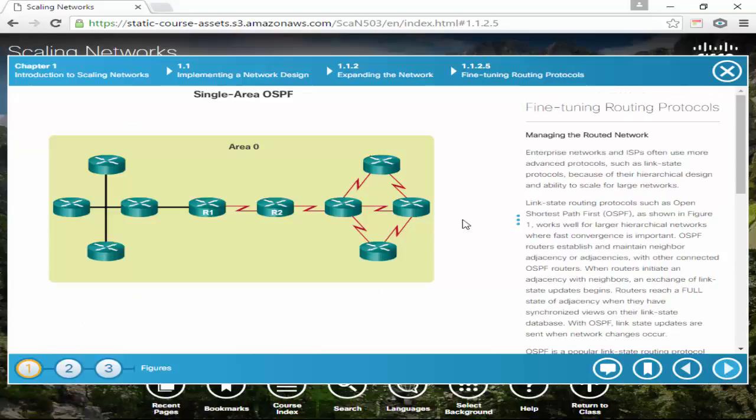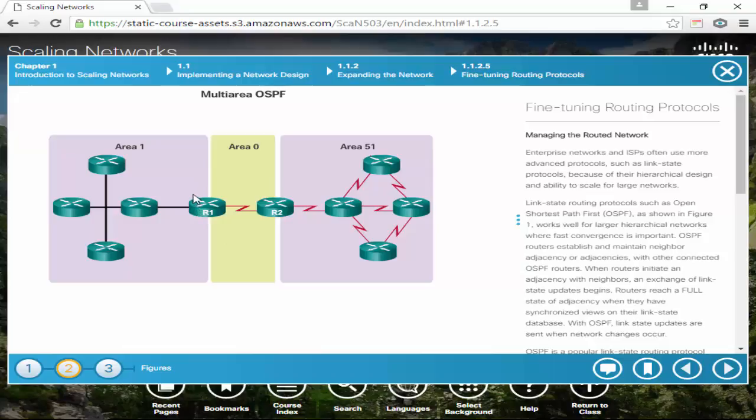Alright, so fine-tuning routing protocols. Okay, so what they're showing here is we have this big network all in one area, but you guys remember we're building these huge routing tables, and so we would need a bigger and bigger device the bigger our network gets, instead of doing something like this. If we do this, our routing tables are much simpler, because just like maybe you guys remember static summarization, we can summarize through OSPF.